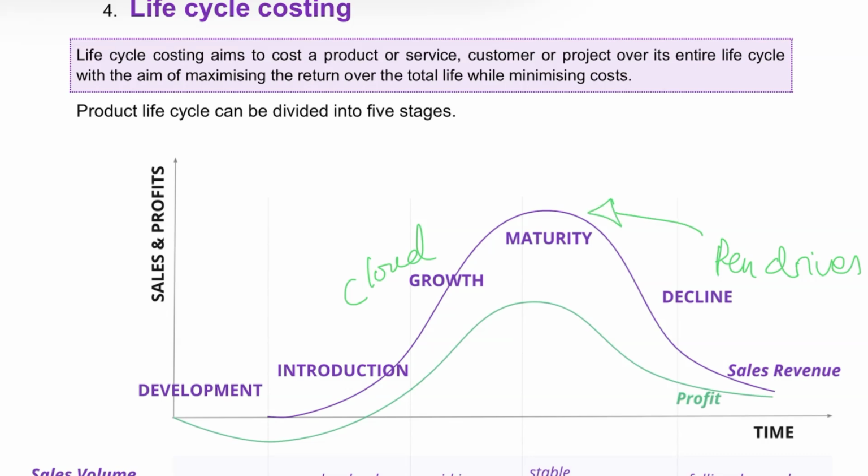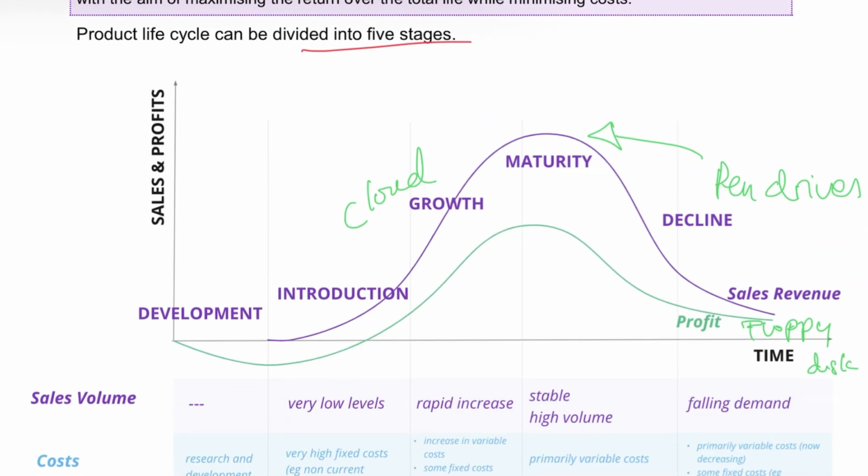I might put the floppy disk over here because I don't think anyone uses it, so it has already declined, demand has fallen, people don't use it anymore. So based on these 5 stages of sales and profits and product growth, a company can charge different prices for its product, or cost will also change.